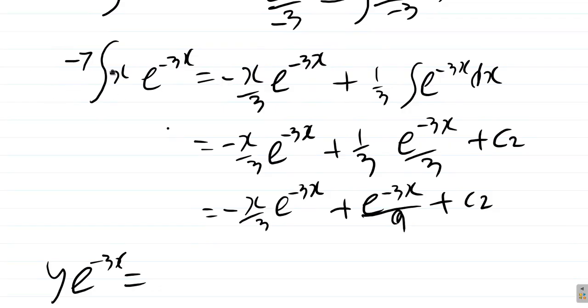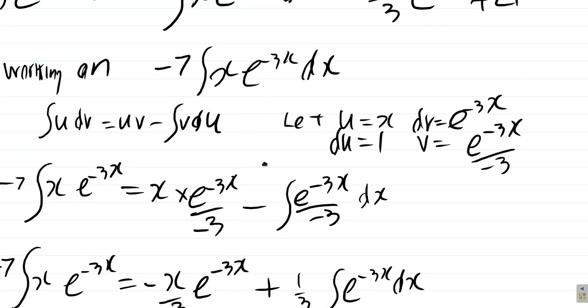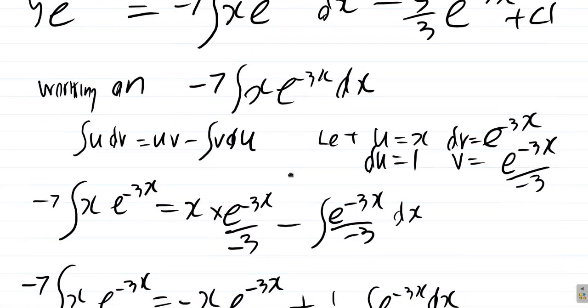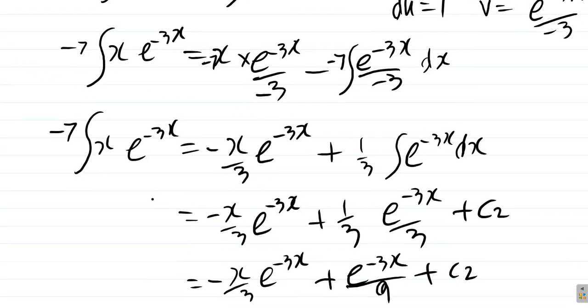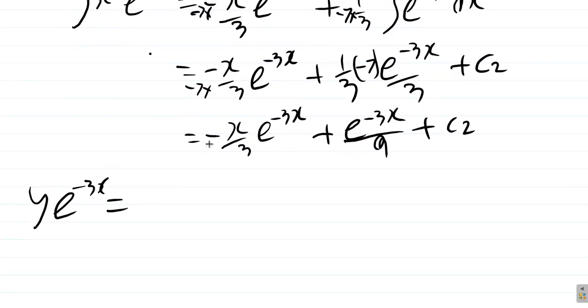Everything here must be multiplied by the negative 7. So this is our negative 7, right? How could I have left off the negative 7? Negative 7 times all of this, negative 7 times all of this. So negative 7 times this, negative 7 times this.